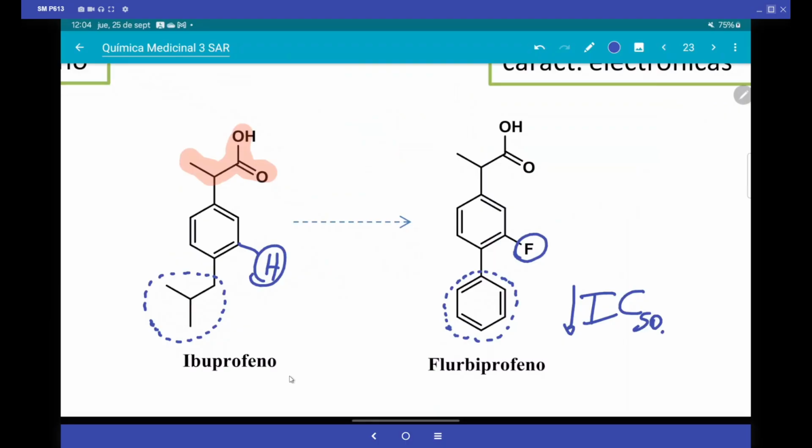Not all are on the market, some are withdrawn from the market. There are many, and one that was withdrawn, for example, was selective for cyclooxygenase 2: rofecoxib.